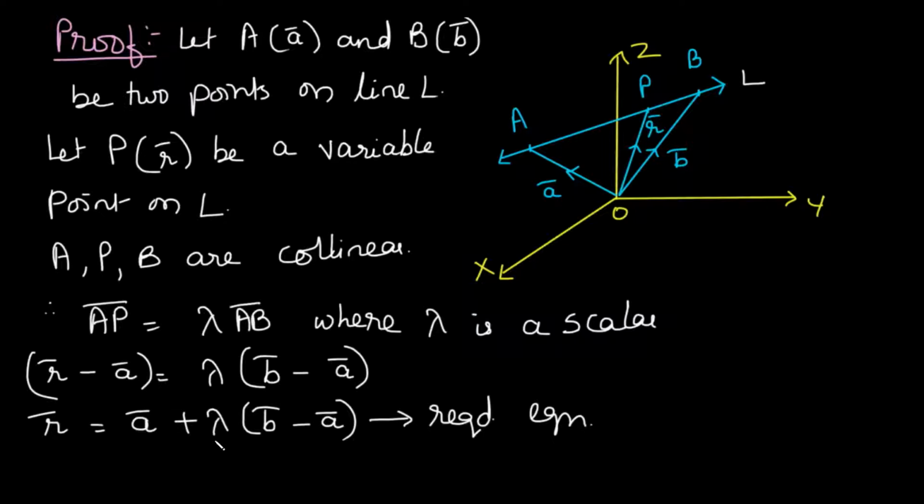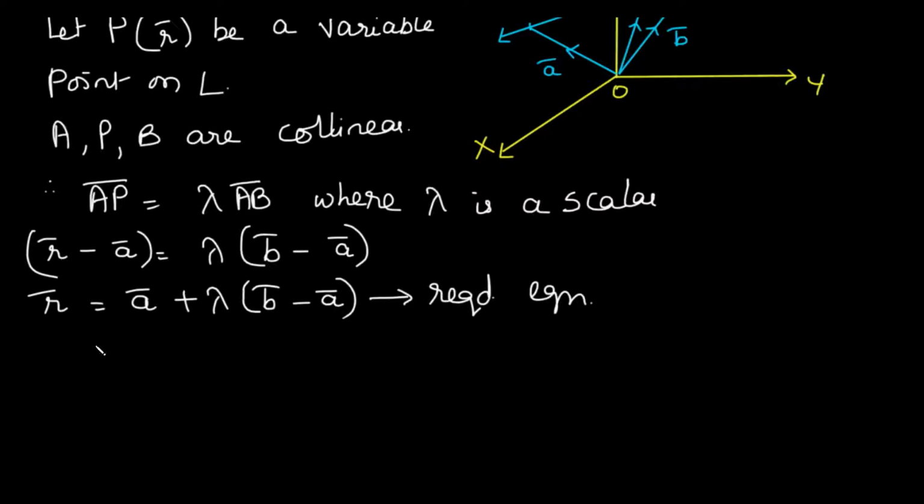Now as you can see, since there is lambda in the equation, this is called a parametric equation of the line. Now suppose you want to eliminate lambda from here. Then you remember that AP is collinear with AB, that means AP is parallel to AB.